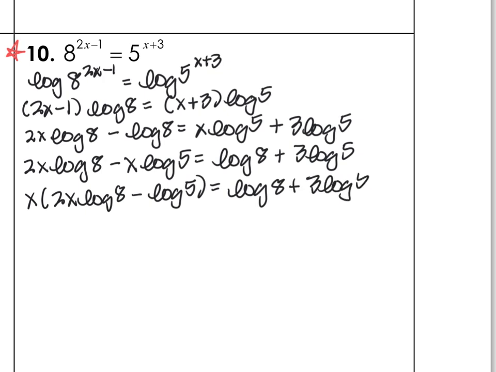Lots of writing on these, I know. All right, and now just divide by that chunk. Okay, so log 8 plus 3 log 5 divided by 2.